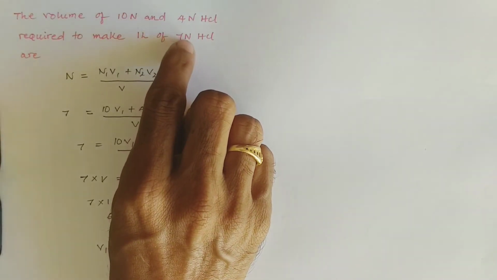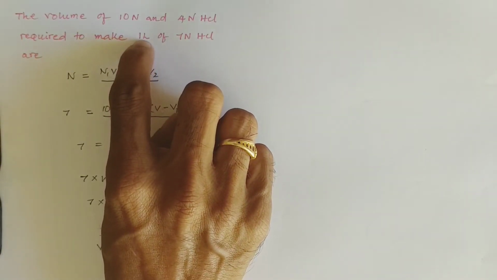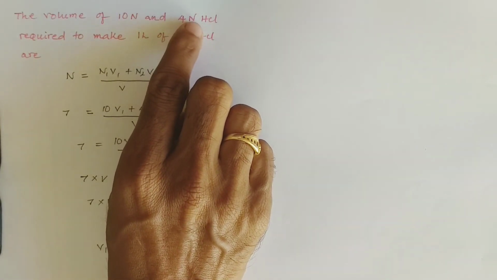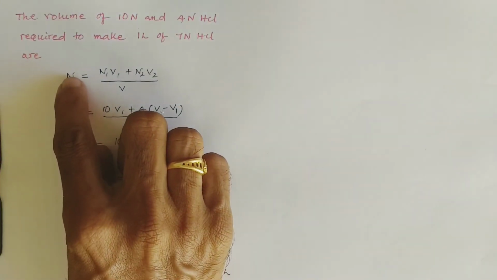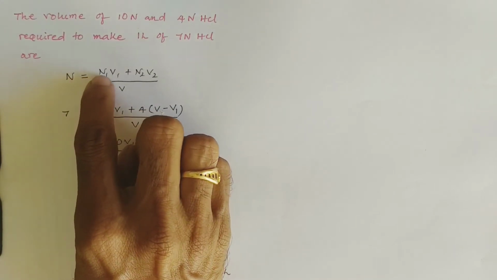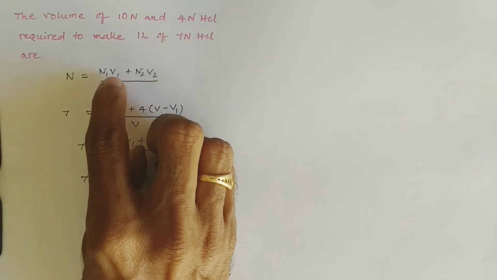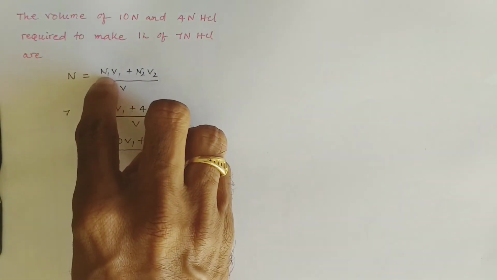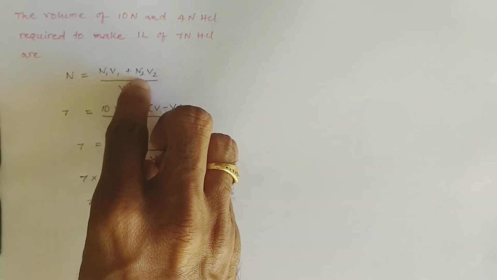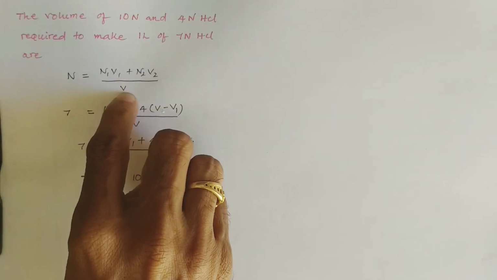So this is the resulting solution whose volume is also given, but volumes of these two solutions we have to find out. So normality of resulting solution can be calculated by using this formula, N is equal to N1 V1 plus N2 V2 by V, right? Like the normality of first solution is N1 and volume is V1, and normality of second solution is N2 and volume is V2, and this is volume of the resulting mixture.